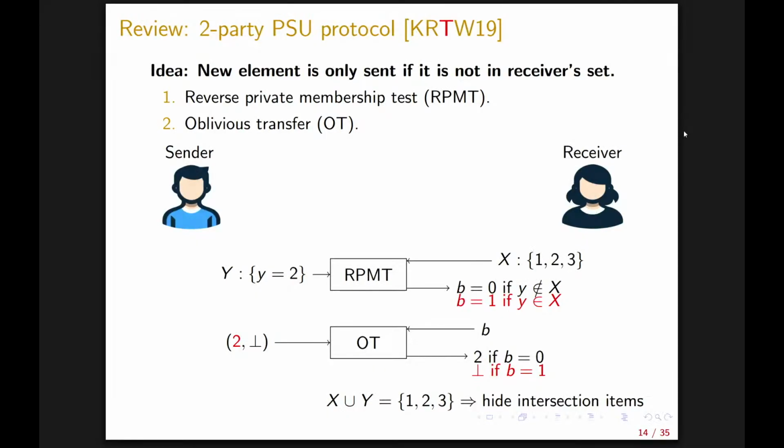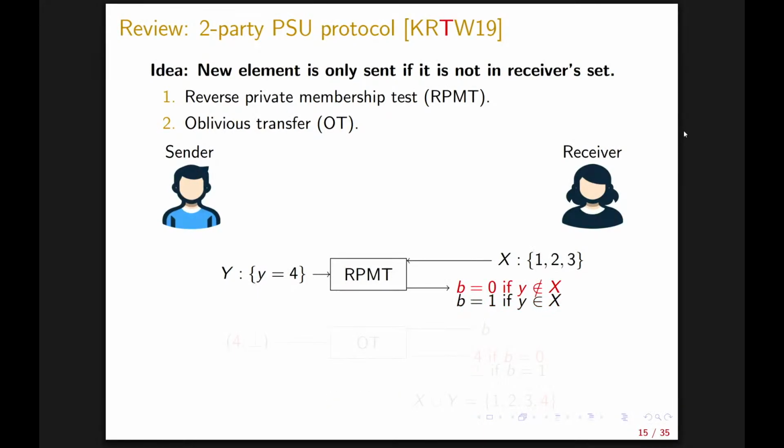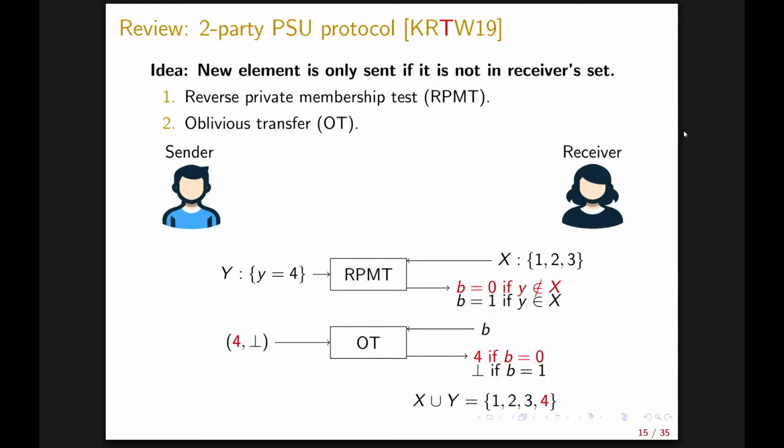So the receiver can output the union 1, 2, 3, and you see here, the receiver never knows whether the sender has number 1 or number 2 or number 3. So in some sense, in PSU, you want to hide the intersection items. All right. So the same scenario for number 4 here.